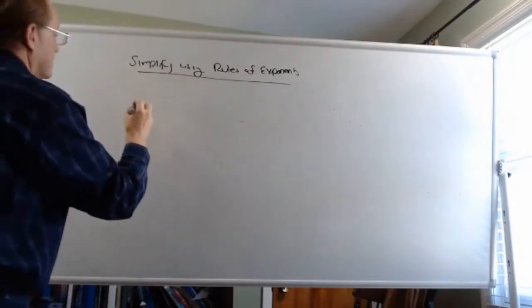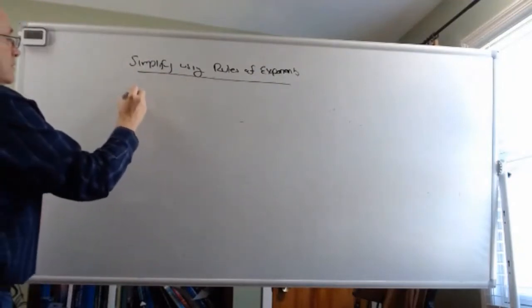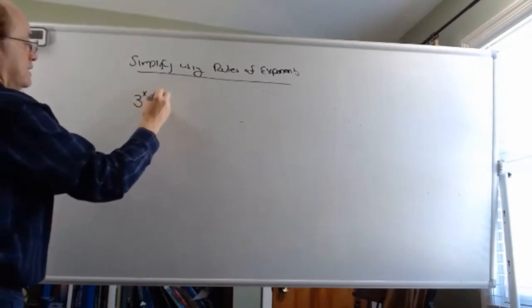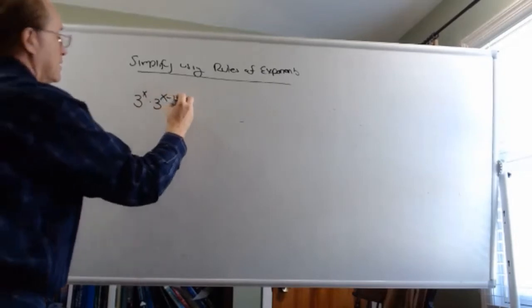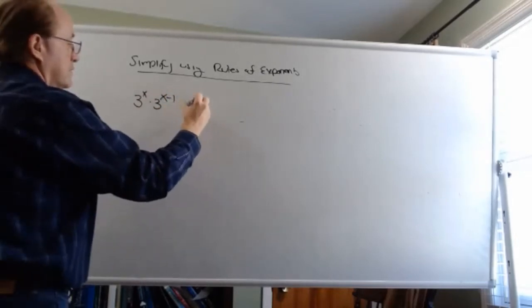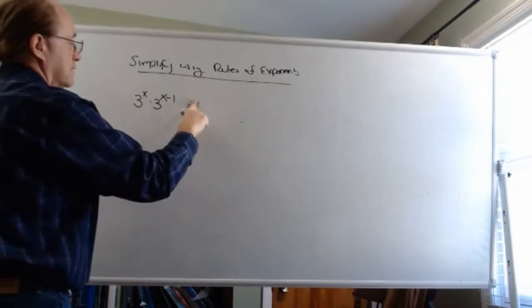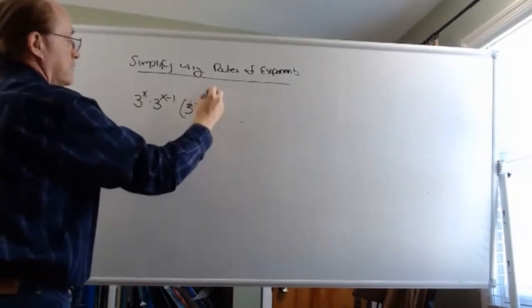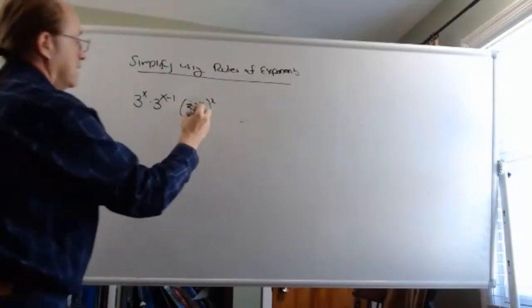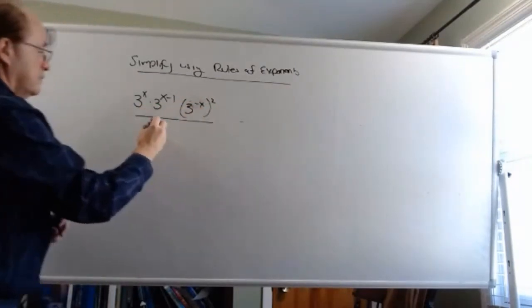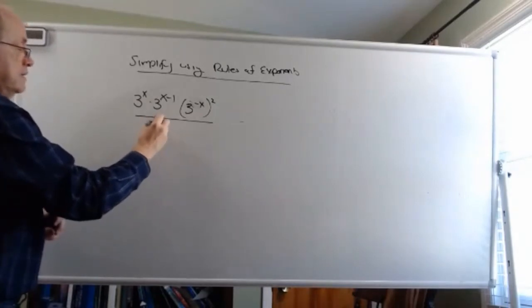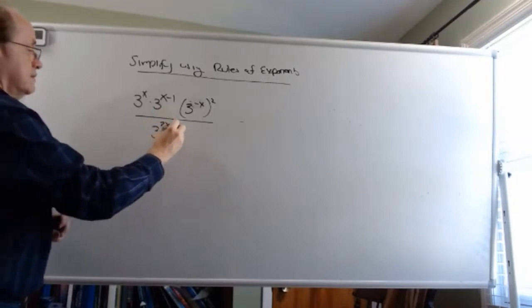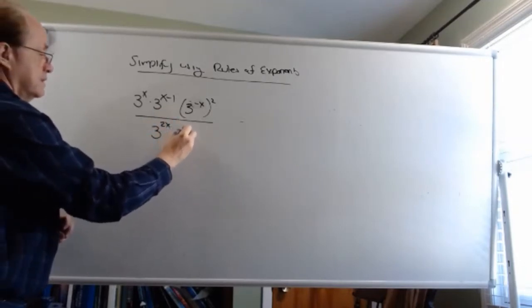So let me give you an expression, say, 3 to the x times 3 to the x minus 1, over 3 to the minus x squared, over 3 to the 2x times 9.